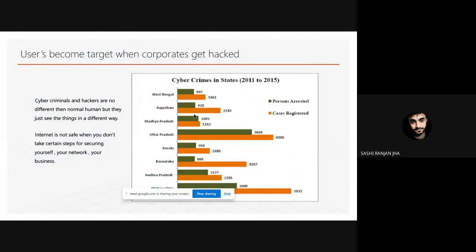This is a chart before starting anything, showing what kind of cyber crimes there are in the states of India, and how they have been rising from 2011 to 2014. There are many times that people are not getting arrested because of the anonymity they follow, and because of the restrictions between the state governments.